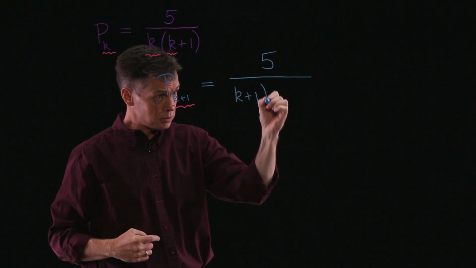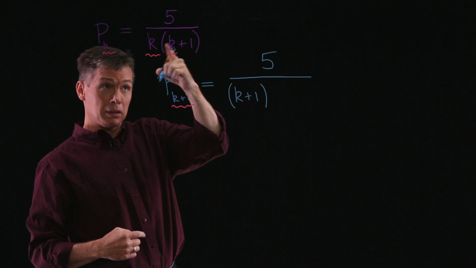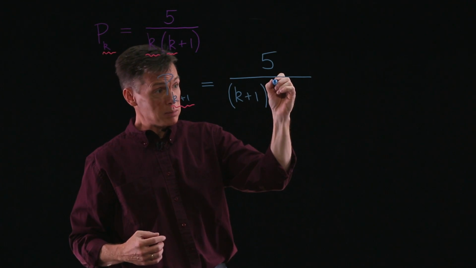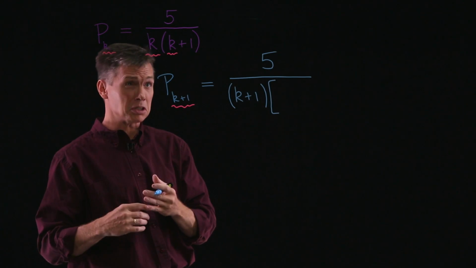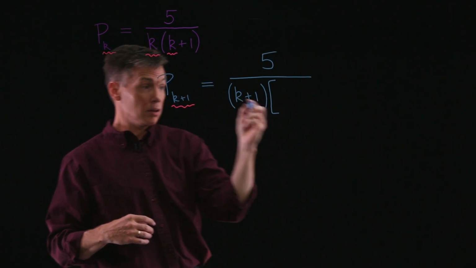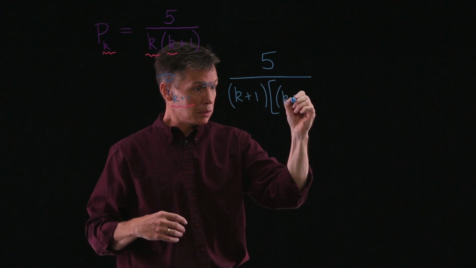I'm going to put parentheses around that, because that needs to multiply by, up here in the original, another set of parentheses. And there I'm actually even going to use square braces, just to keep my organization clear, because inside there, this k also wants to be replaced with a k plus 1.